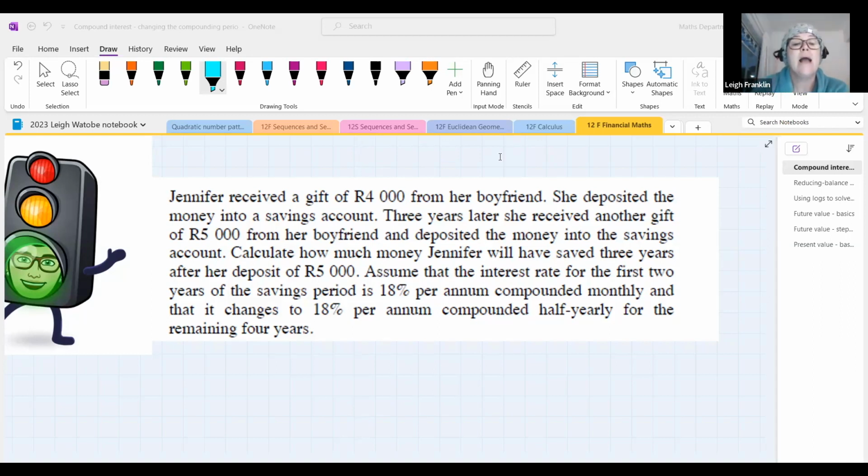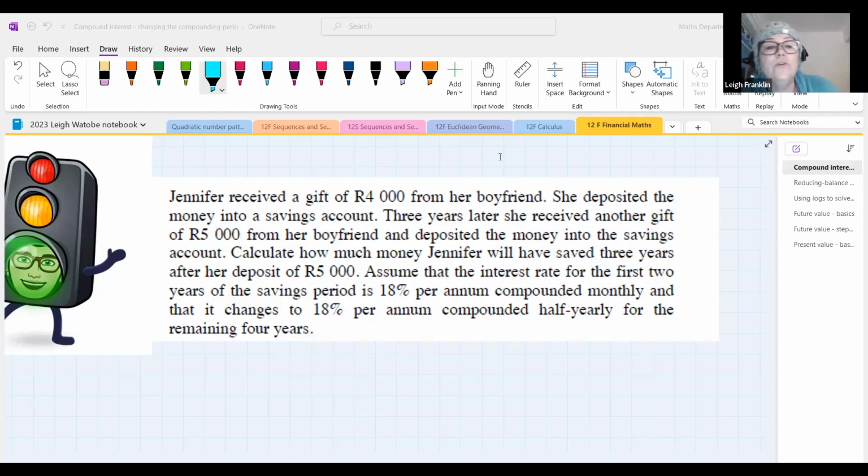But anyway, calculate how much money Jennifer will have saved 3 years after her deposit of 5,000 Rand. Assume that the interest rate for the first 2 years is 18% per annum and that it changes to 18% per annum compounded half yearly for the remaining 4 years. Wow, what a lot of information.